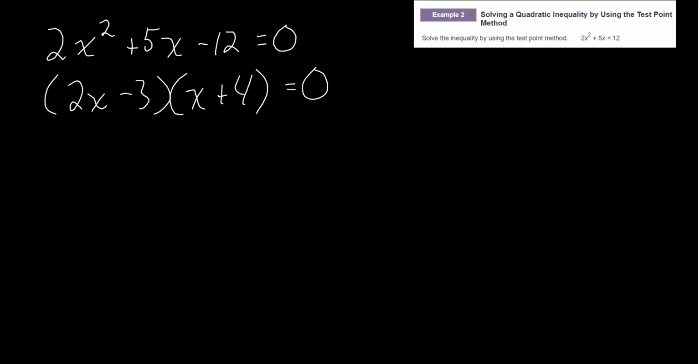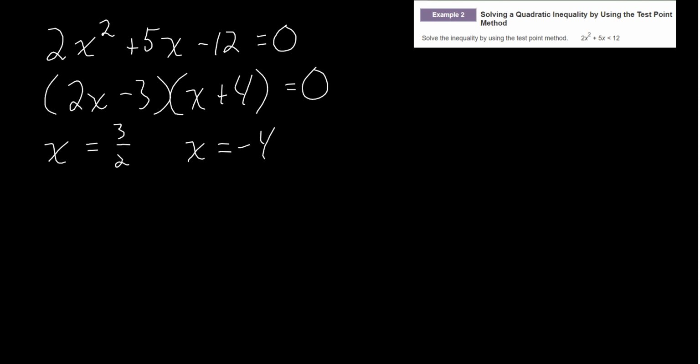This factors into 2x minus 3 and x plus 4 is equal to 0. Therefore we see that x is equal to positive 3/2 and x is equal to negative 4.